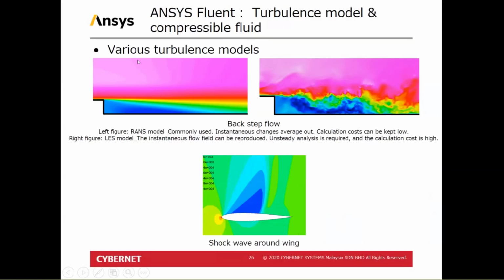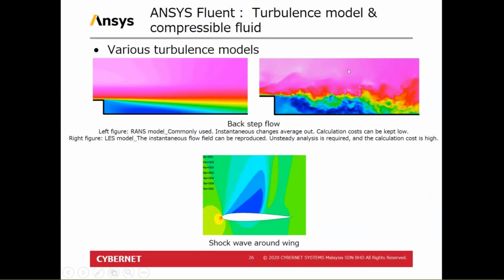The left figure shows the result of using a typical turbulence model. It is used for getting the average result of the flow, so you can simply get the flow result by using the typical turbulence model.